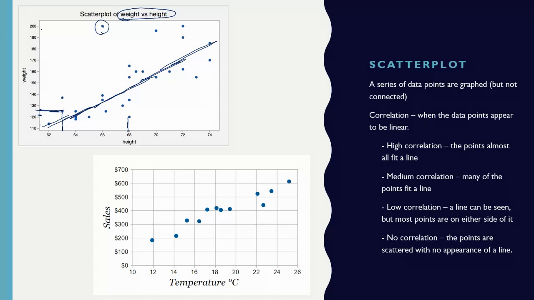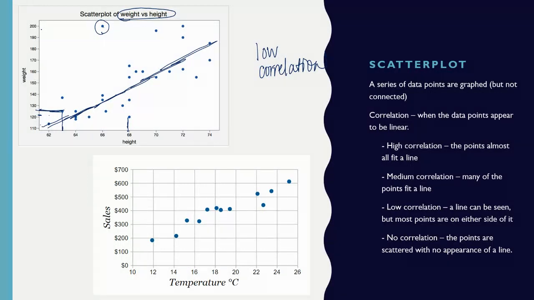However, most of those data points are not going to be on the line. So I would say that this has a low correlation. Okay? Because I can see a linear trend, but most of the points don't actually fall onto that line through the middle, okay?